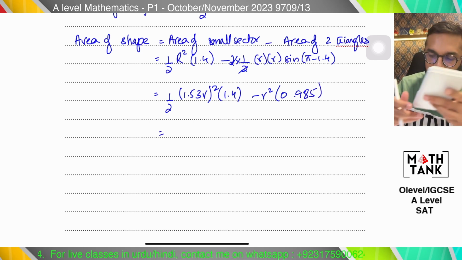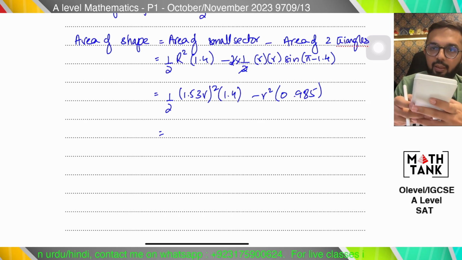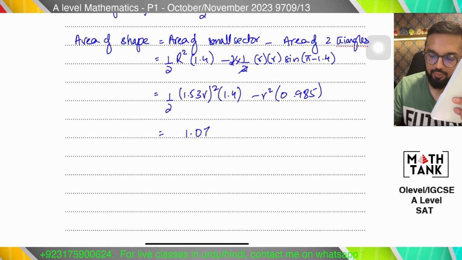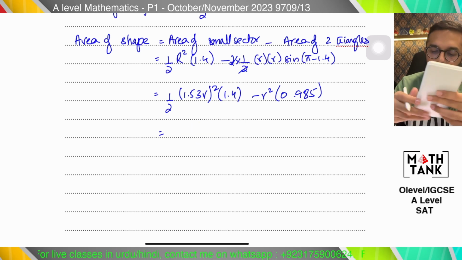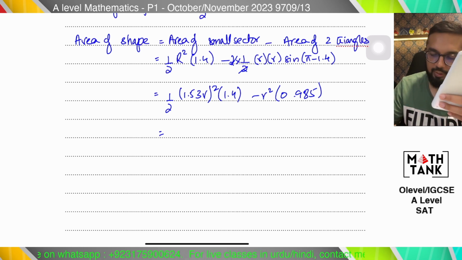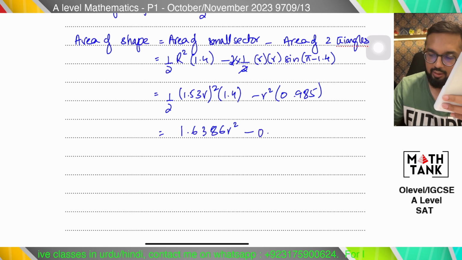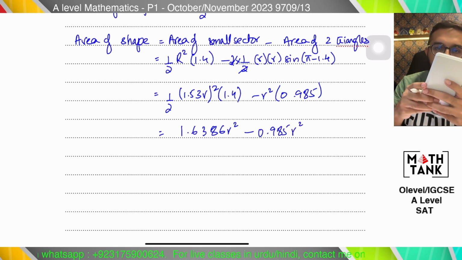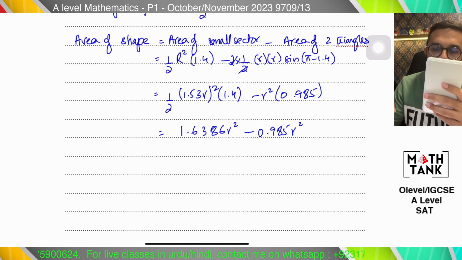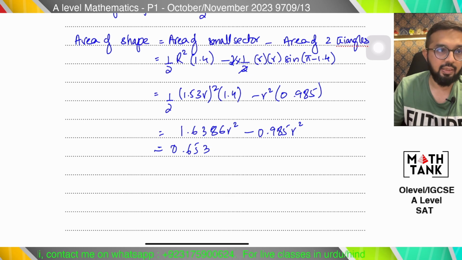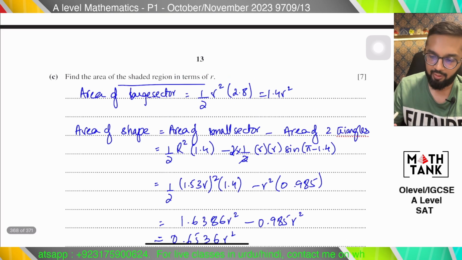So 1.53 times 1.4 divided by 2. Oh no, 1.53 squared first, giving me 1.6386 r squared, 0.985 r squared. 1.6386 minus 0.985 gives me 0.6536 r squared.